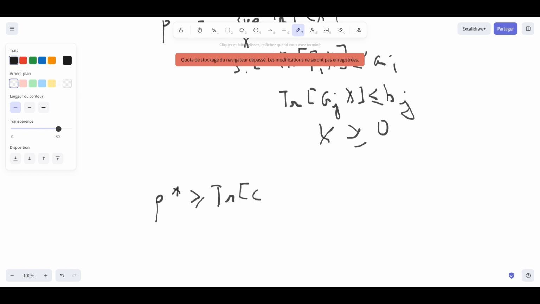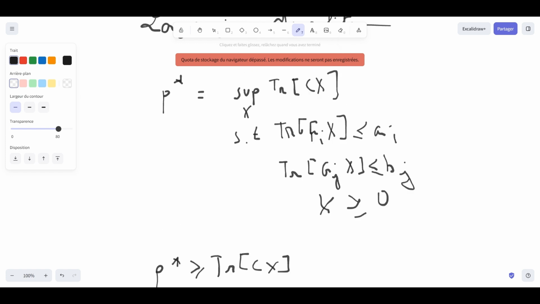So trace of Cx is in a way a lower bound. But is there a systematic way to find upper bounds? That's the answer with Lagrangian normally. In particular, upper bounds on P star could help us understand if a given point x is optimal or not.